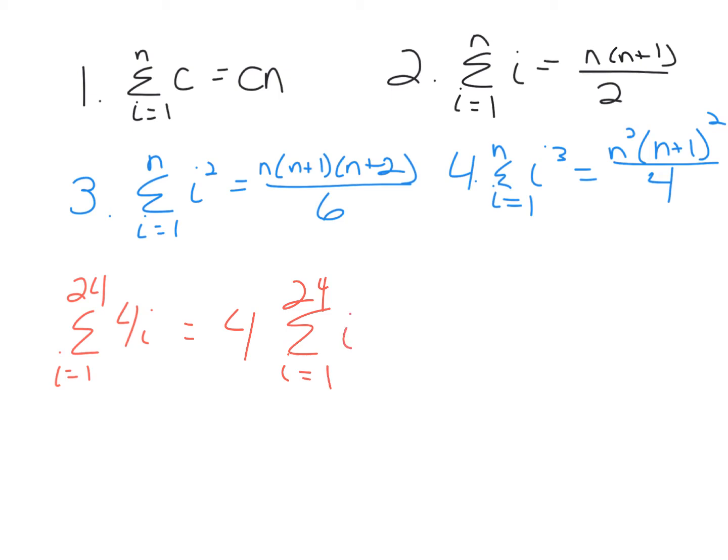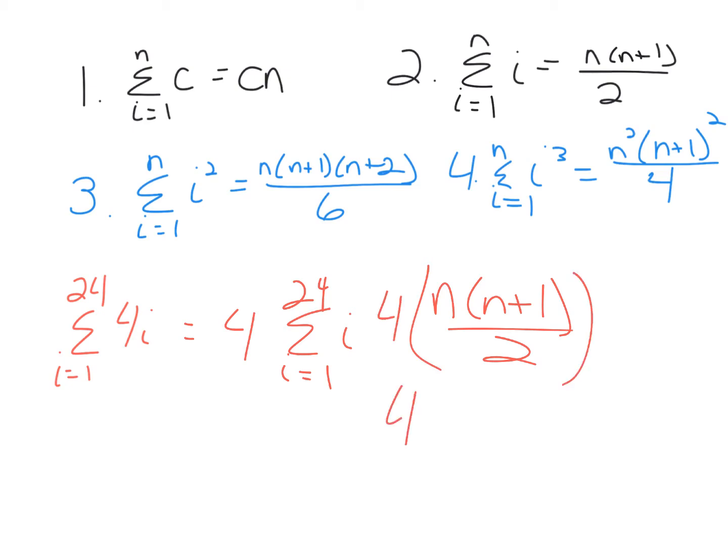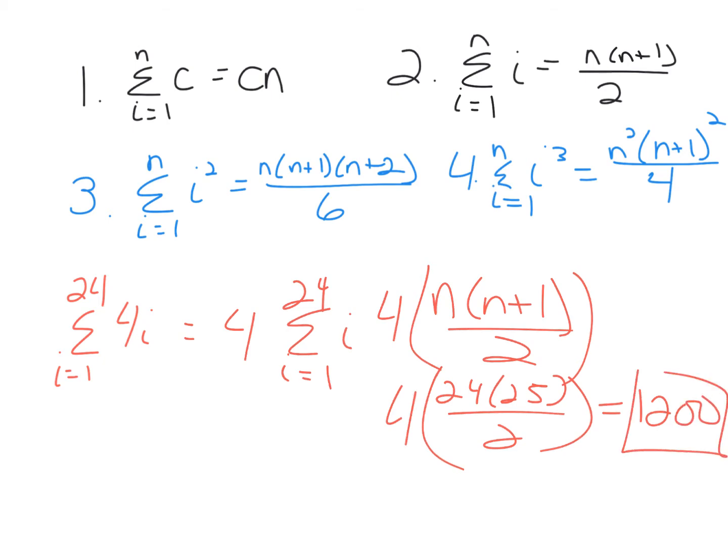So what's the formula? n, parentheses n plus 1, over 2, right? All times 4. What is your n equal to? Your n is equal to 24, so it'll be 24 times 25, because 24 plus 1 is 25, over 2. When you plug that all in, what do you get? You get 1200. There you have it.